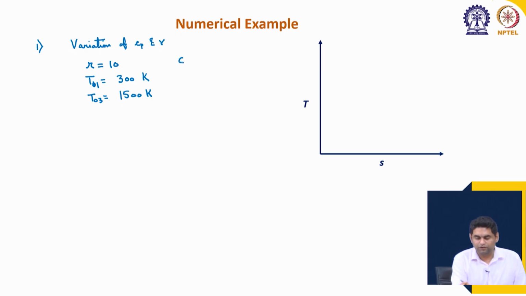Cp and Cv are not constant, meaning they are different for air and for the combustion products.